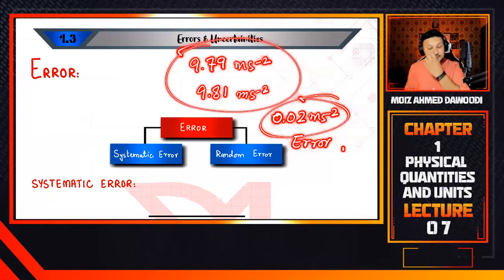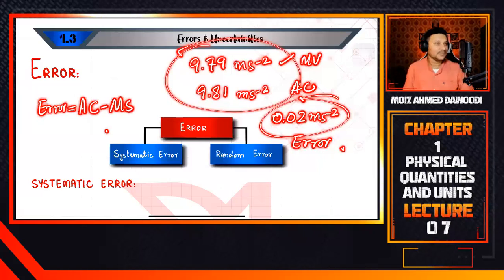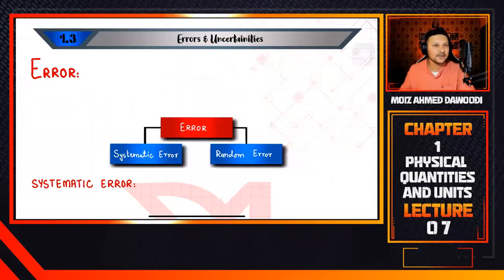So the difference between measured value and actual value, अगर आप actual value में से measured value को minus कर दें तो जो भी answer आएगा, that is what you call an error. ठीक है? So this is how we will define an error.